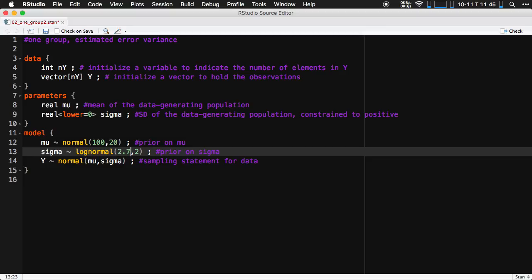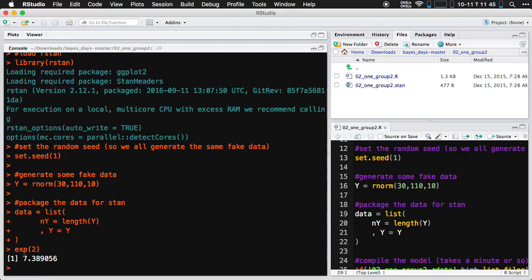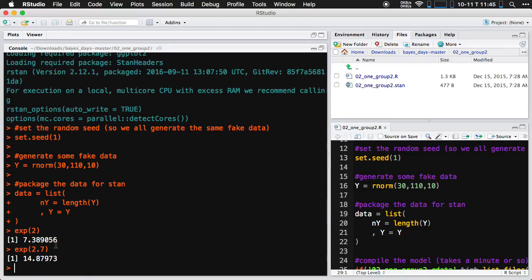And we wanted it to have a variability of about, I don't know, what did we decide? Let me actually see. What is exp(2)? So that's, if on the log scale it's 2, on the real scale it's 7. And I'll validate on the log scale. If it's 2.7, that's on the real scale about 15, so that's good.